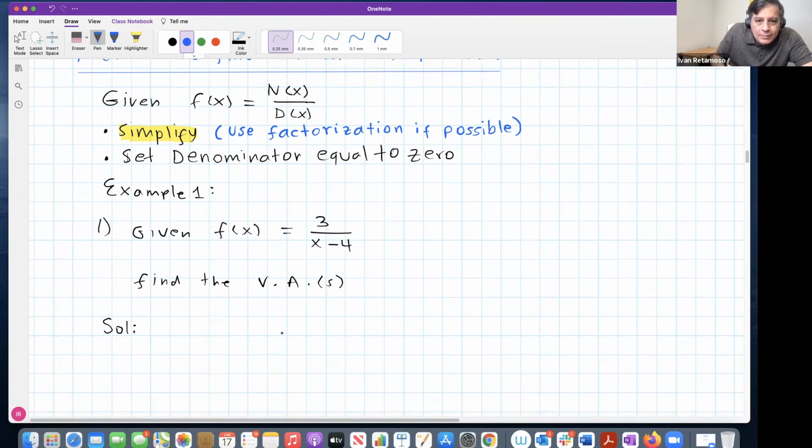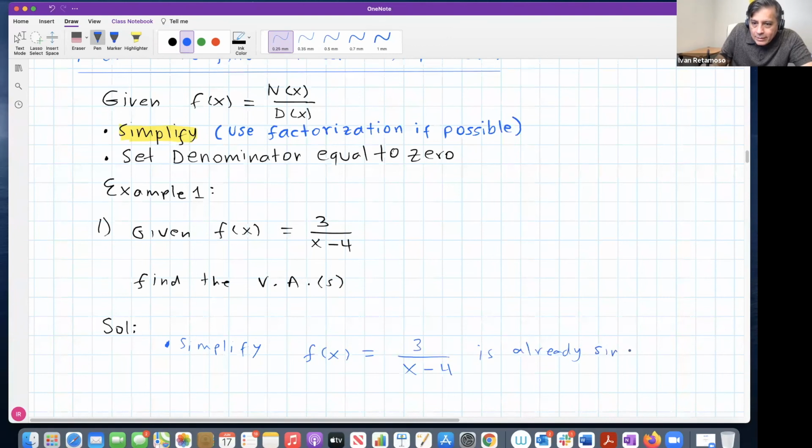So let's follow the method. First, it says simplify. But you notice that this is already simplified. F of x equal 3 over 4 subtracted from x is already simplified.